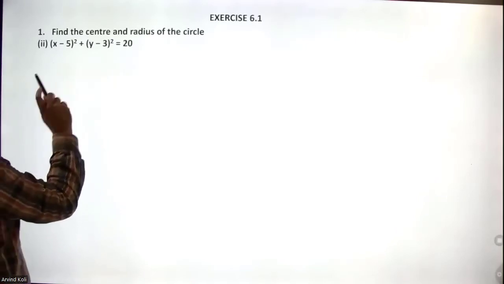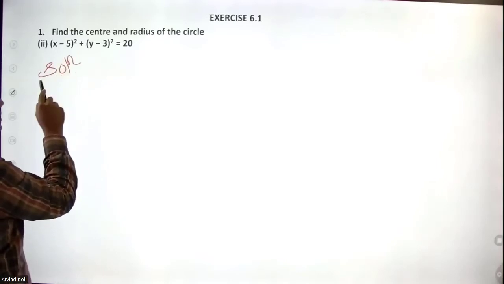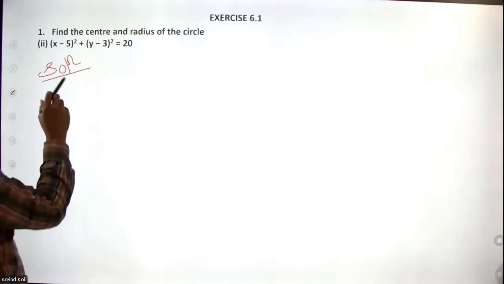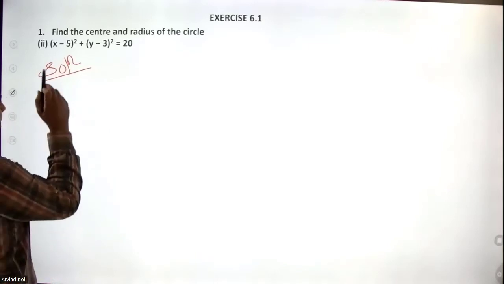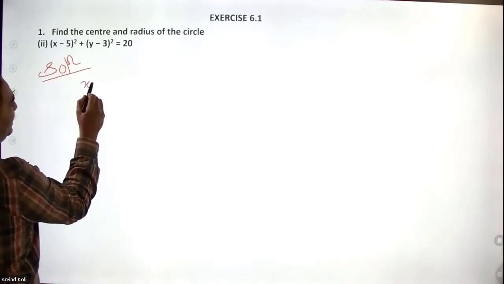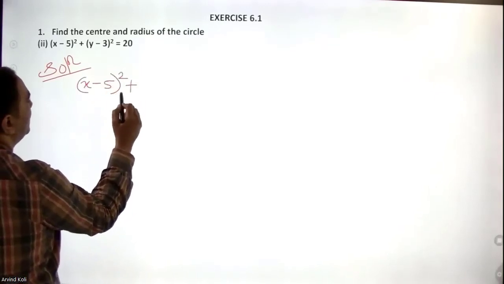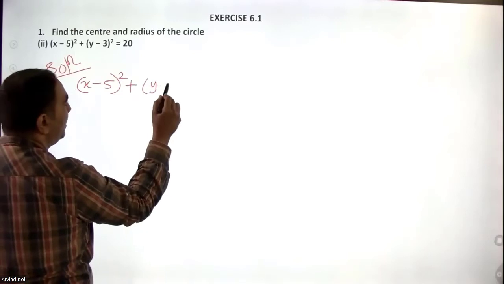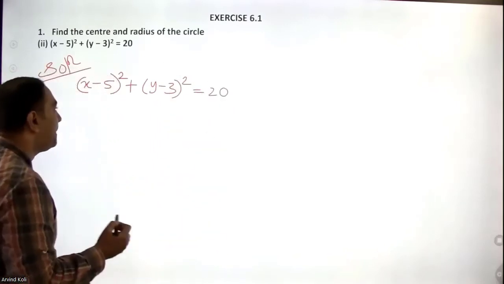Now students, when we look at this sum or when we look at this equation, we understand that this is of the type of center radius form. So the given equation, once again I'll write it as x minus 5 the whole square plus y minus 3 the whole square is equal to 20.